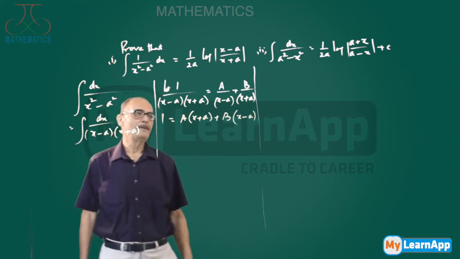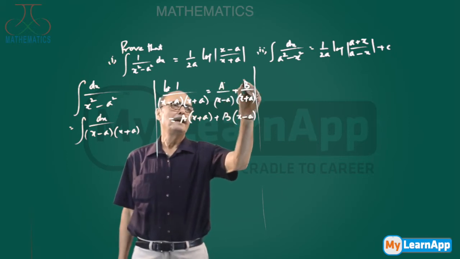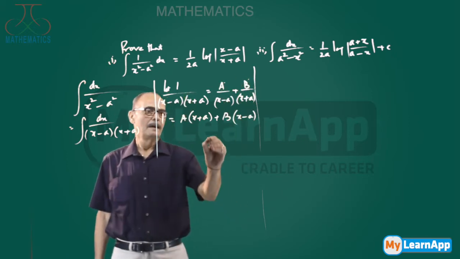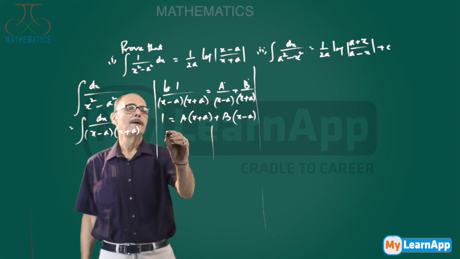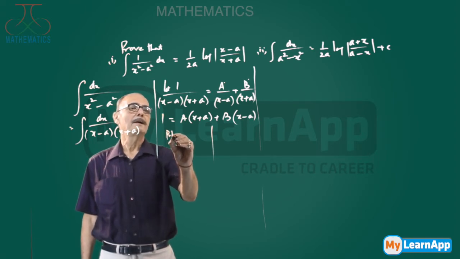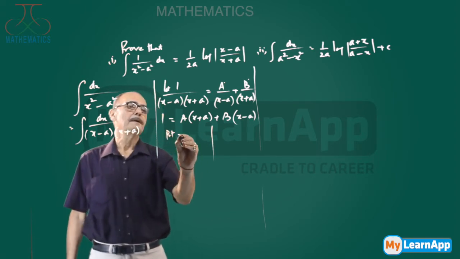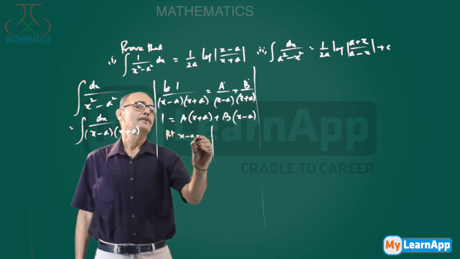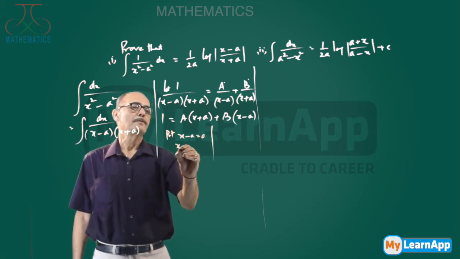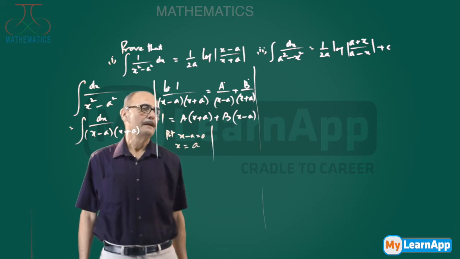Now to find the value of A and B here, we put the denominator of A, that is x minus a, equal to 0, so x equal to a.